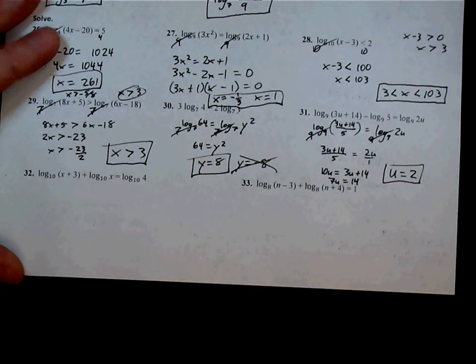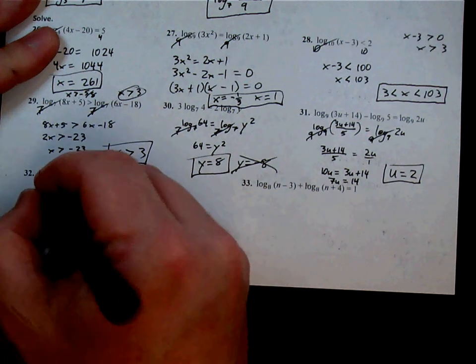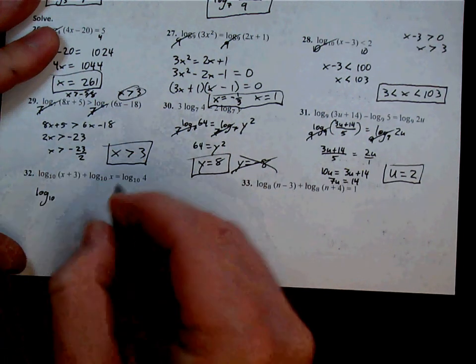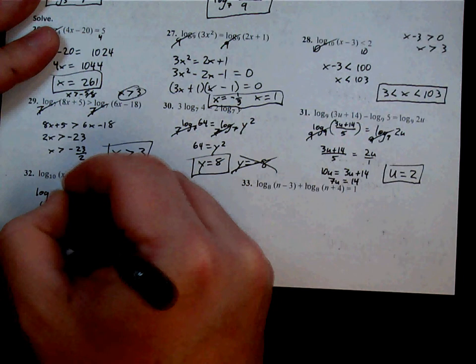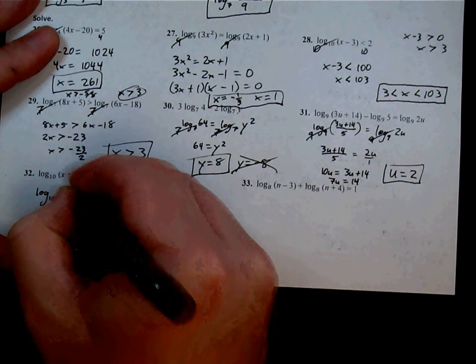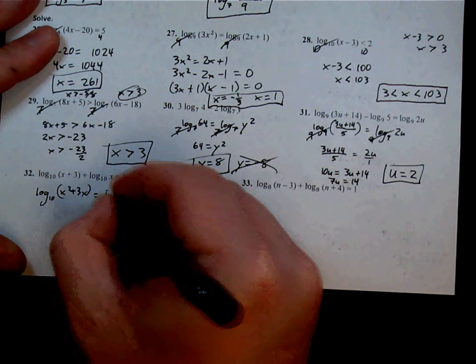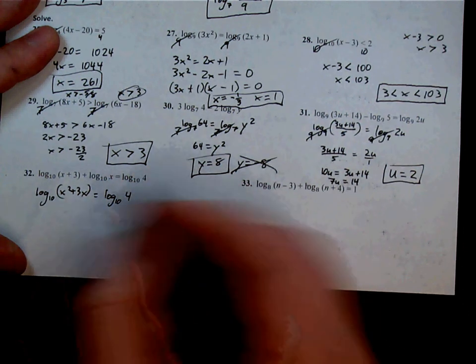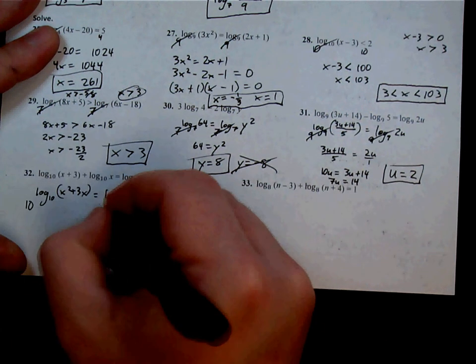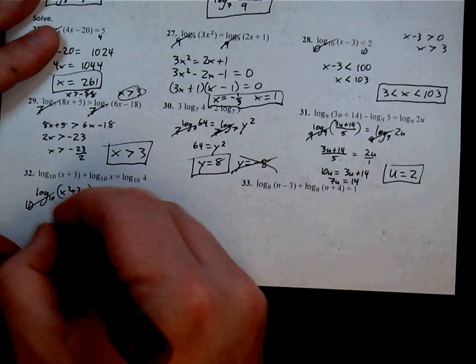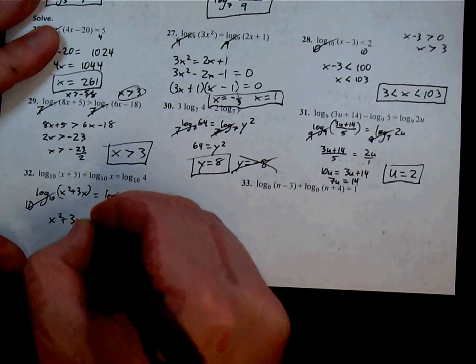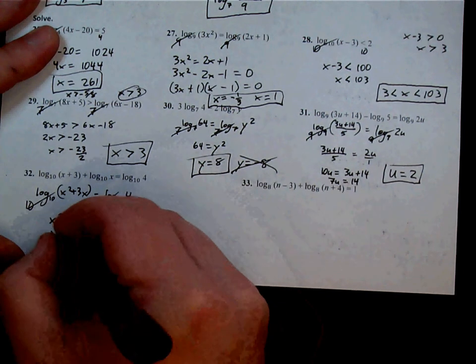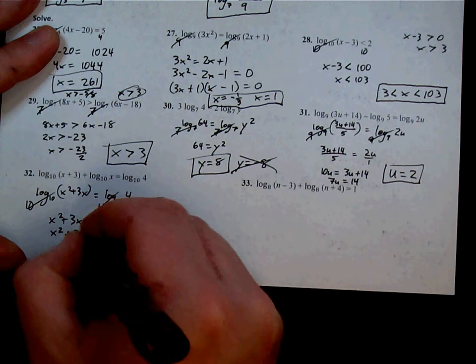All right, last two. We have to just condense these. x plus 3 times x is going to be x squared plus 3x. I can exponentiate with 10s. So x squared plus 3x is going to be equal to 4. Subtract the 4.